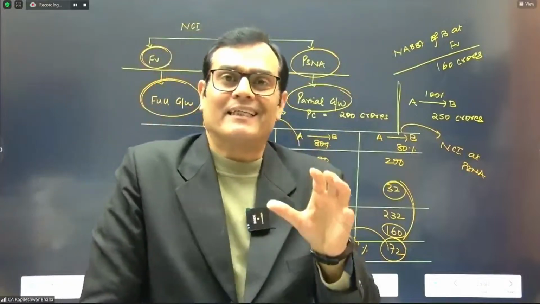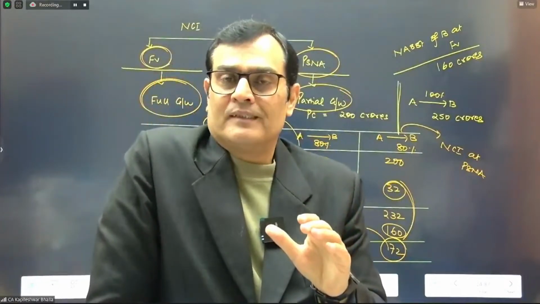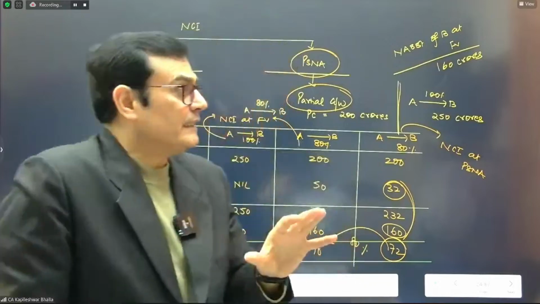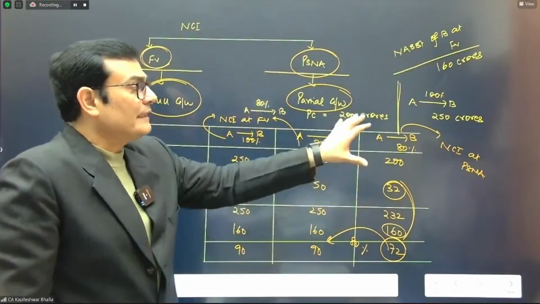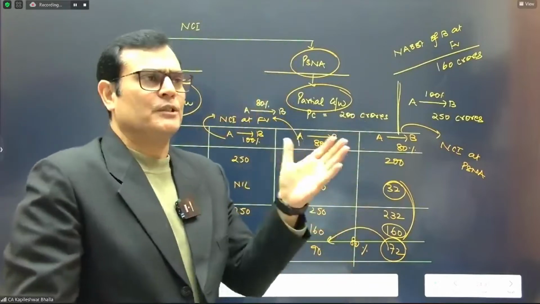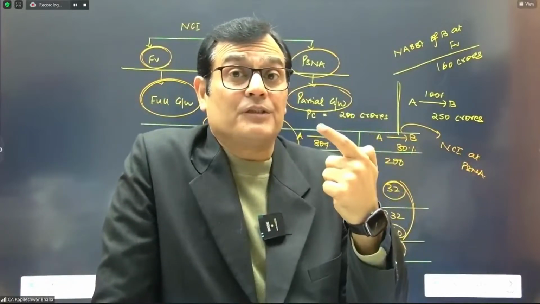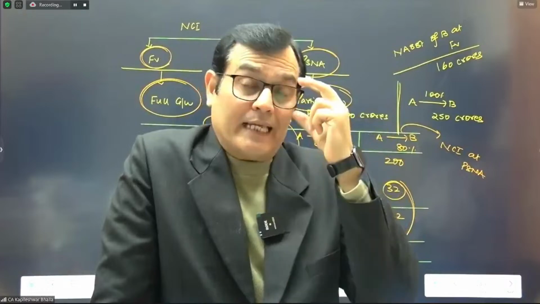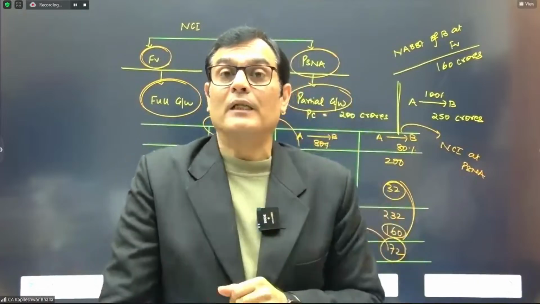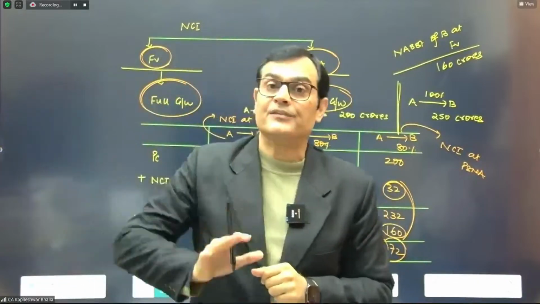Though the standard clearly gives you a choice. The standard clearly gives you a choice and tells you that you need to consider NCI at a fair value or proportionate share. You've got a complete choice. So remember, when a company considers NCI at a fair value, you get a full goodwill relating to the parent and NCI.